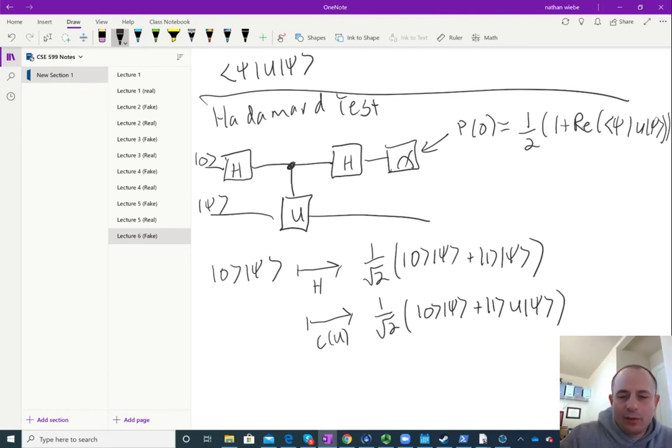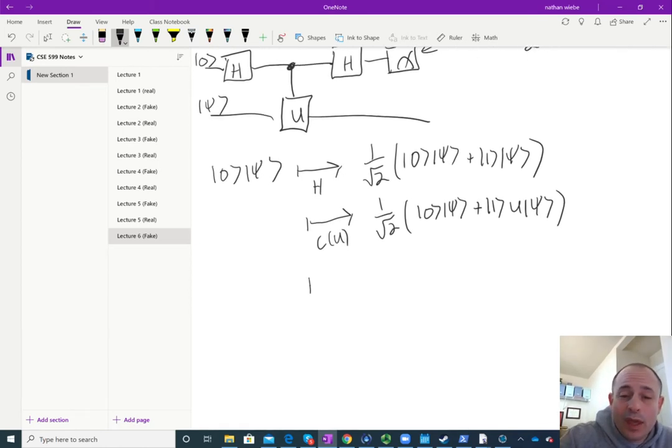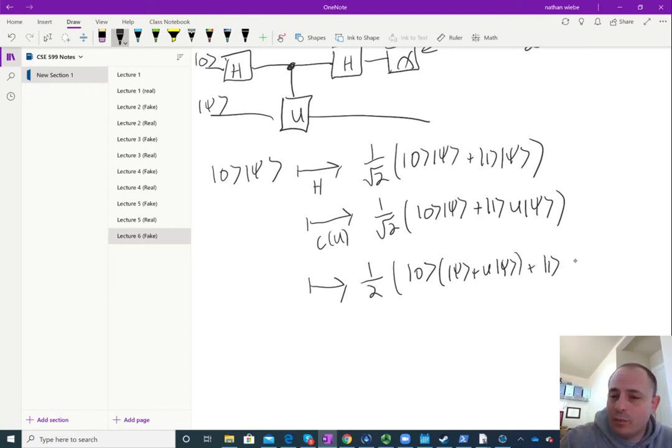Okay, now we've only got one step left. We Hadamard transform. This ends up giving us 1/2 0 psi plus u psi plus 1 psi minus u psi. And this minus sign over here is a consequence of the minus sign in the Hadamard transform.